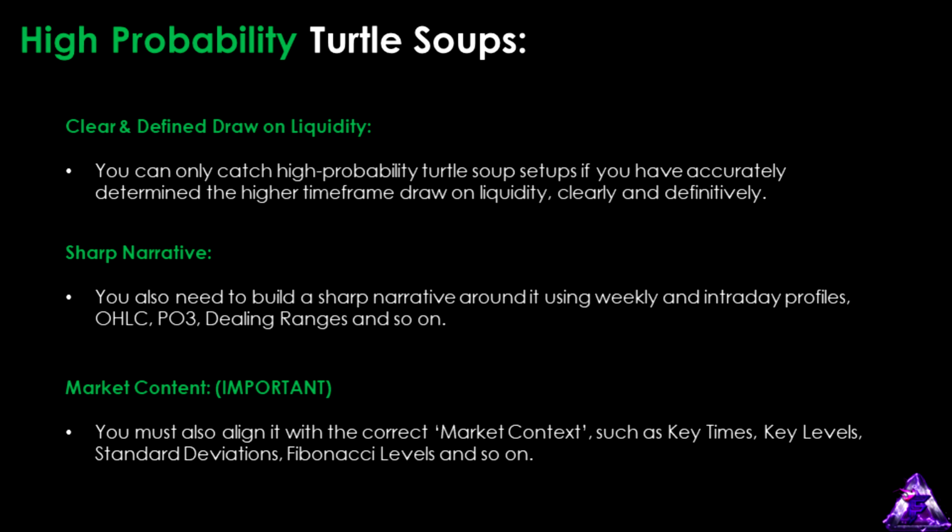The third key factor is ensuring that the turtle soup entry aligns with the correct market context. Even with a well-defined draw on liquidity and a strong narrative, your setup needs to fit within the broader market conditions. Several elements will contribute to this. First, timing is crucial. You should focus on key trading periods, such as the London kill zone and the New York kill zone, where turtle soups are most likely to occur.